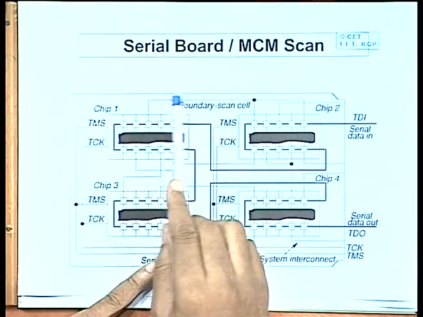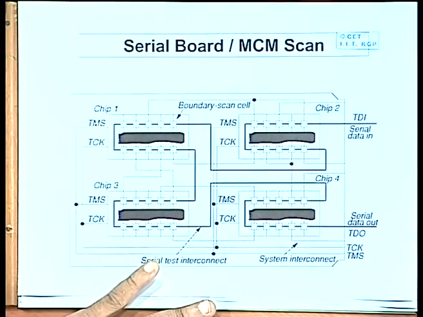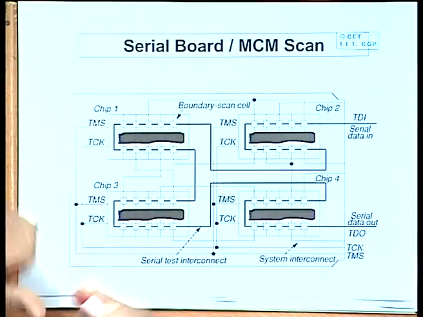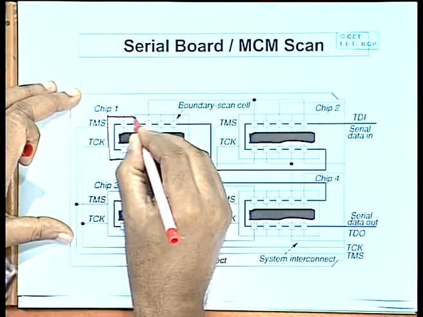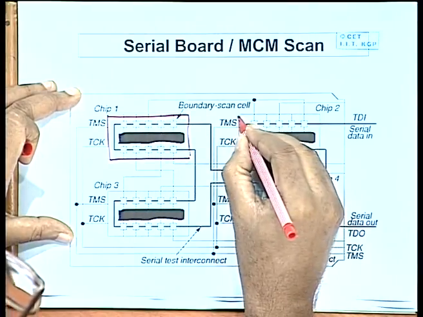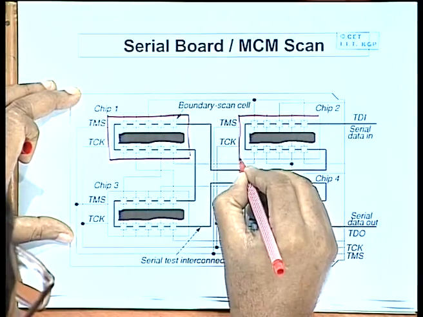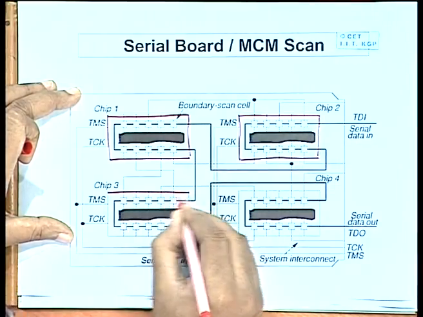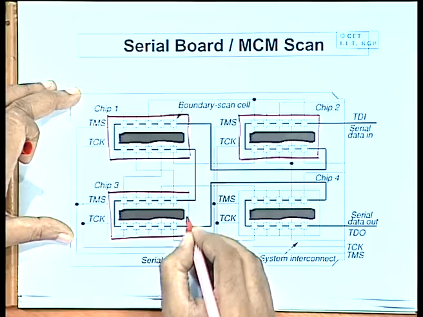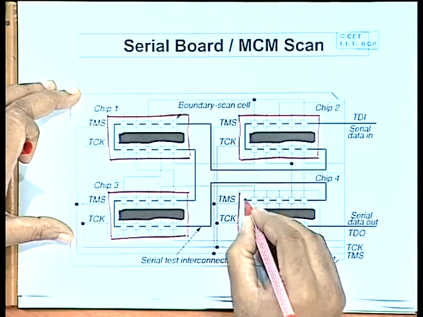This can be a printed circuit board which consists of 4 chips. These are the 4 chips I am identifying. This is one, this is one, this is the third one, and this is the fourth one.